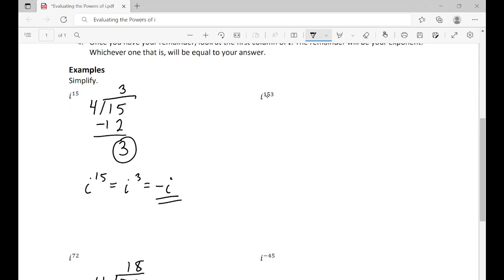Next we have i to the 153rd power. Again, we're just going to take 153 and divide it by 4. 4 is going to go into 153 38 times, which won't be perfectly even, but pretty close. Subtracting, we're going to get 1, and again, we're only focused on the remainder of 1.